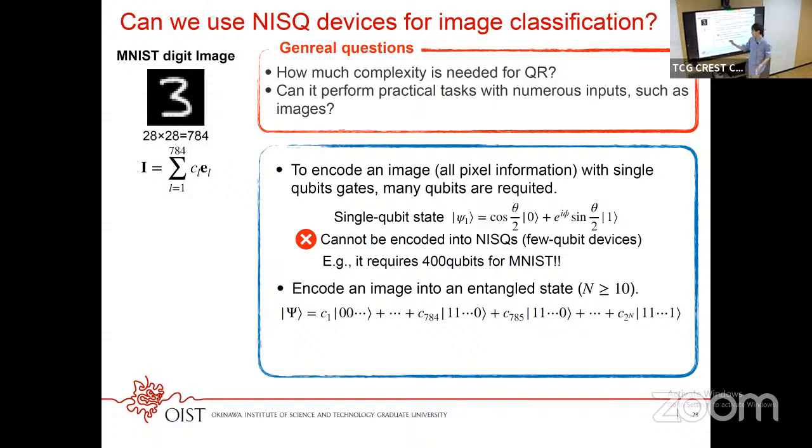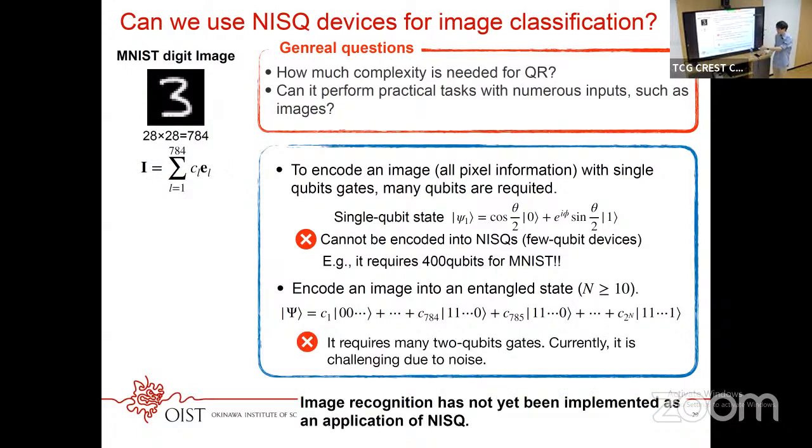It's quite possible to encode this into C1 up to C784. But to make this state, it requires many 2-qubit gates, and currently it is challenging due to noise. That's why image recognition has not yet been considered as an application of NISQ devices.